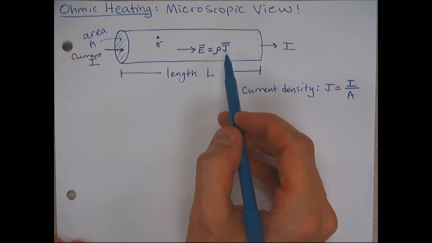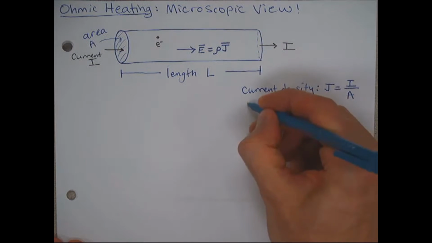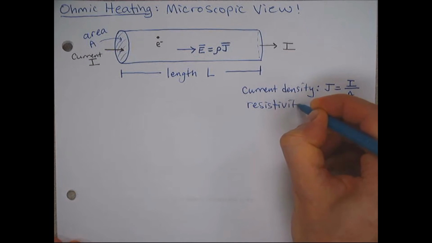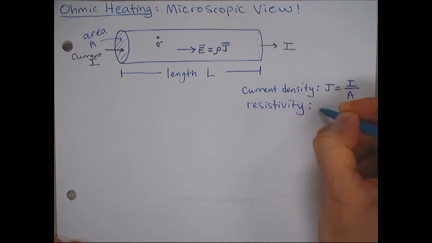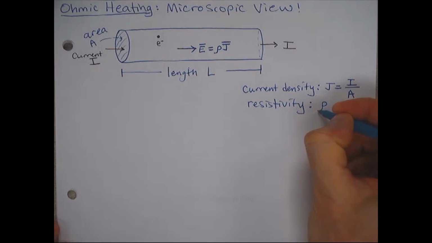If you take that and multiply by the resistivity, rho, you obtain the electric field in the wire.